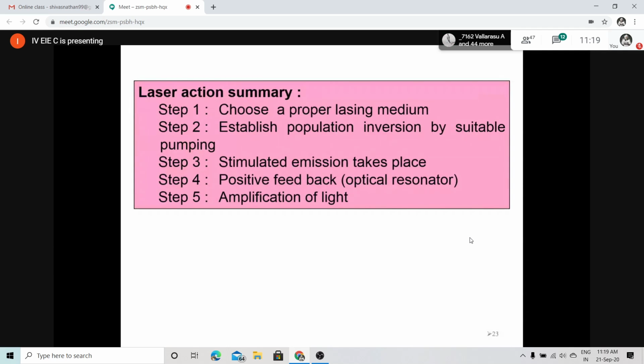Clear? After lasing action is produced, the number of atoms in the ground level state tries to increase again, so I need to go for another pumping action. Okay, so this gives a dead time in my laser action. Clear? So I need to pump again, either by optical means or electrical means or whatever.